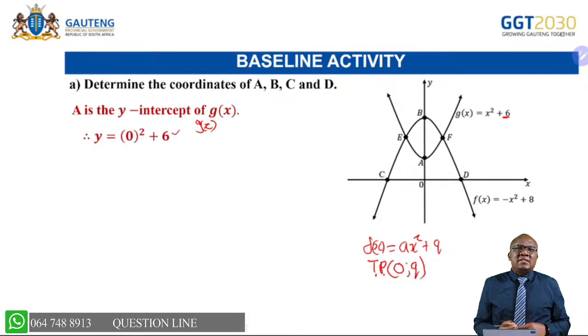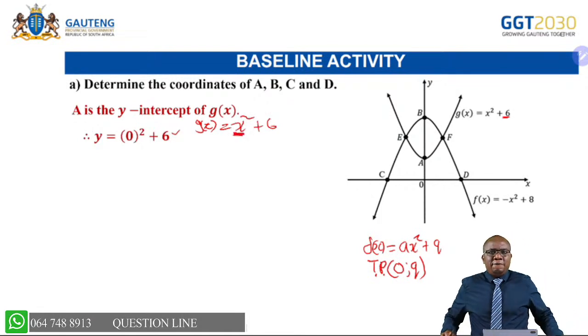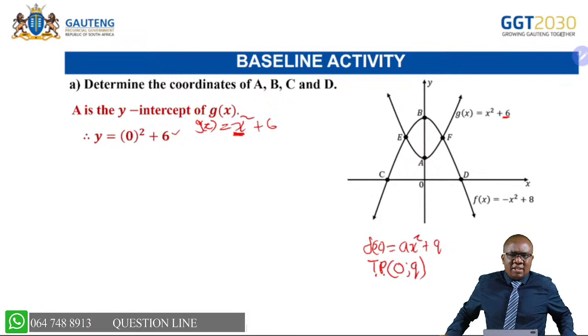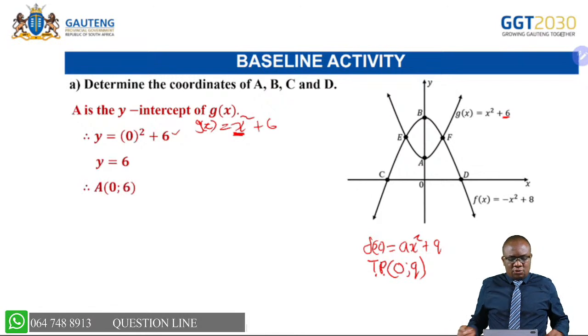Remember, g of x is y, which is equal to x squared plus 6, and then we substituted 0 there. So if you're finding the y-intercept, where there's x, you put 0. Don't forget that. And you are getting y is equal to 6, meaning that if x is 0, y is 6. So the coordinates of A are 0, 6.